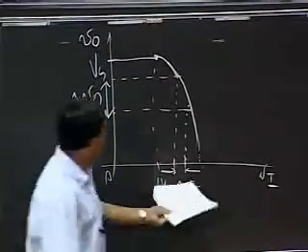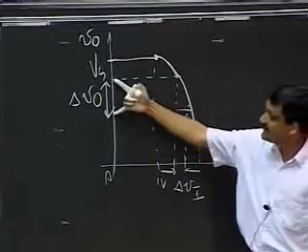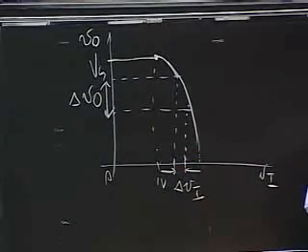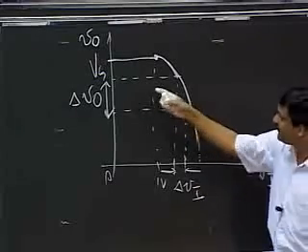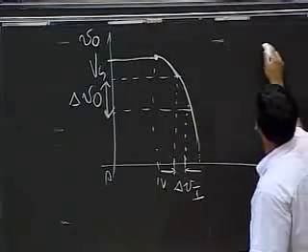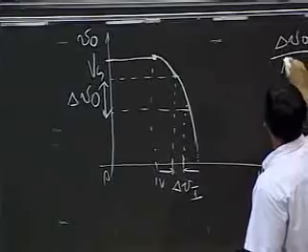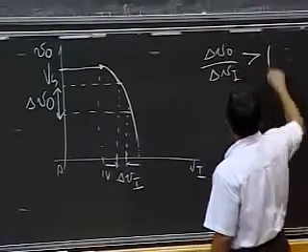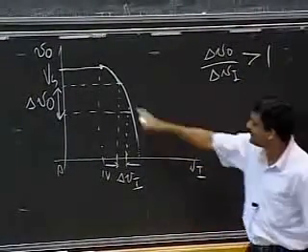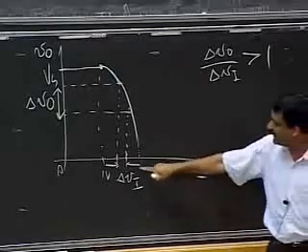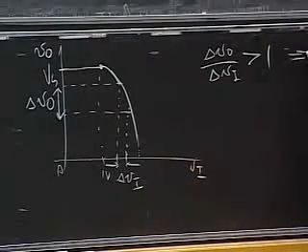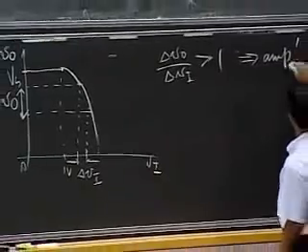And guess what? At least the way I have drawn it, delta V0 divided by delta Vi, if I can find regions of the curve where this is greater than 1, then I have amplification.